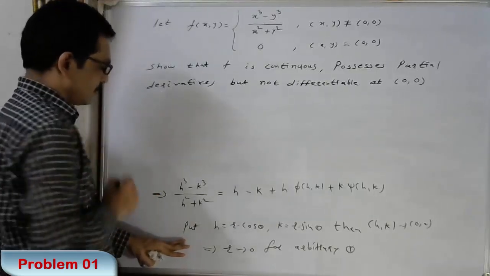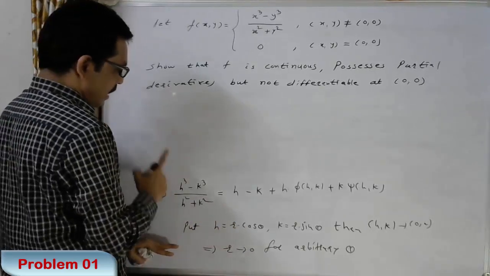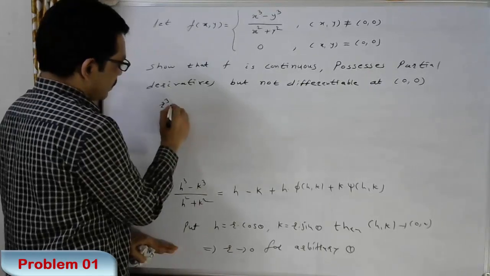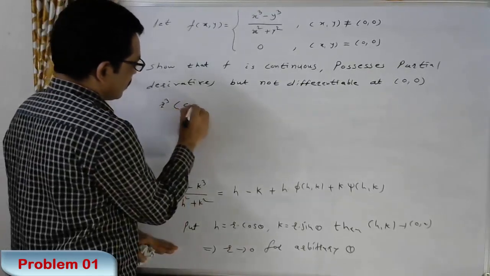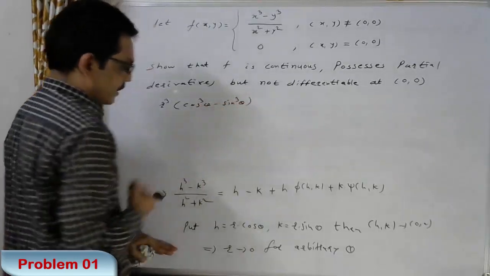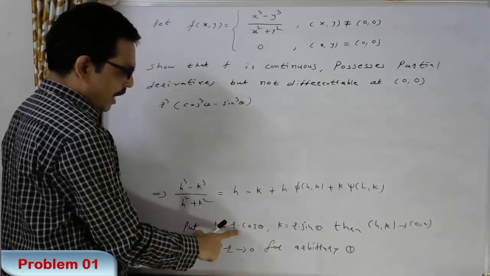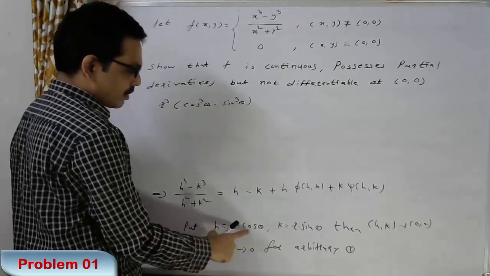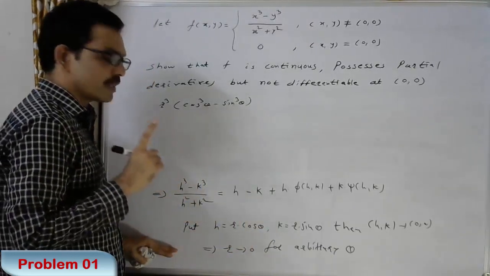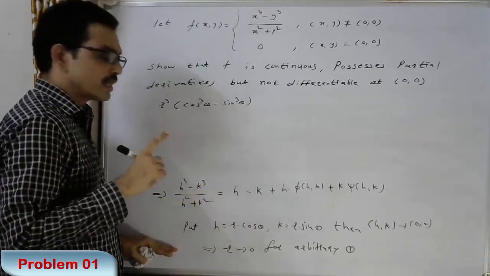Therefore, we put h is equal to r cos theta, that is r cube (cos cube theta minus sin cube theta), and h square plus k square, that is r square (cos square theta plus sin square theta). The value of cos square theta plus sin square theta is 1.